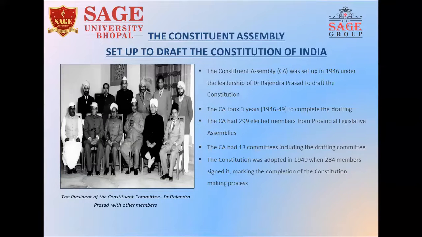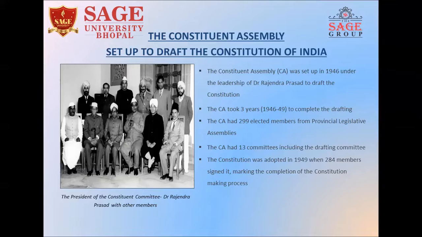This picture showcases the members of the Constituent Assembly. The Constituent Assembly was set up in 1946 under the leadership of Dr. Rajendra Prasad to draft the Constitution. It took 3 years, from 1946 to 1949, to complete the drafting.